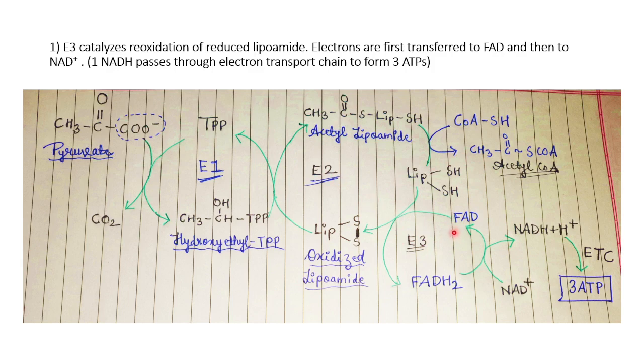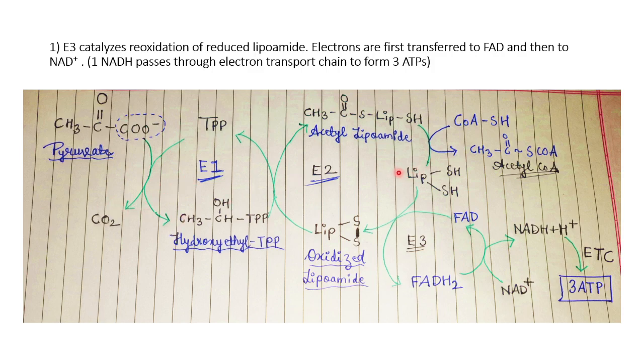Okay. So after the acceptance of these 2 hydrogen atoms by the oxidized FAD, it will get converted into reduced FADH2. Okay. From this, the hydrogen atoms will be liberated. Why? Because this reduced FADH2 should be again converted into oxidized FAD, so that next cycle of pyruvate oxidation can occur. Okay.